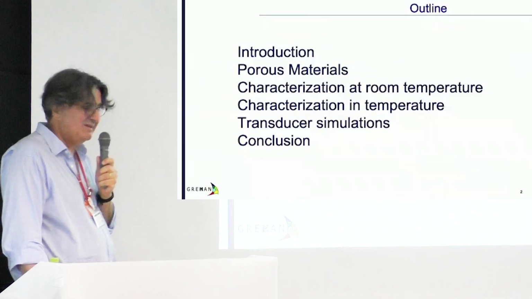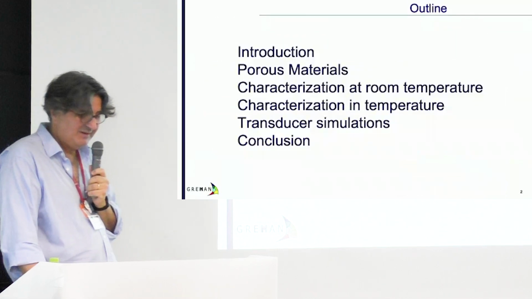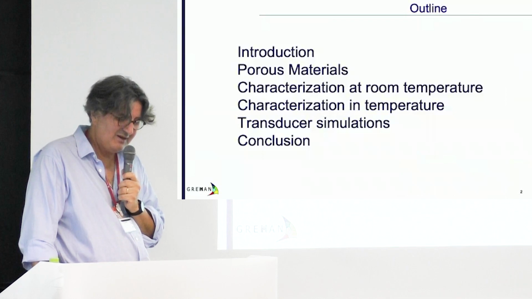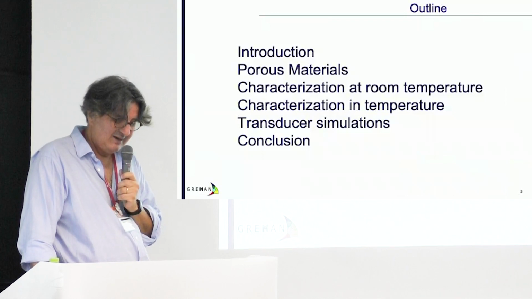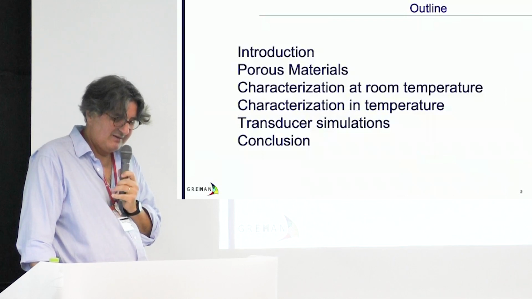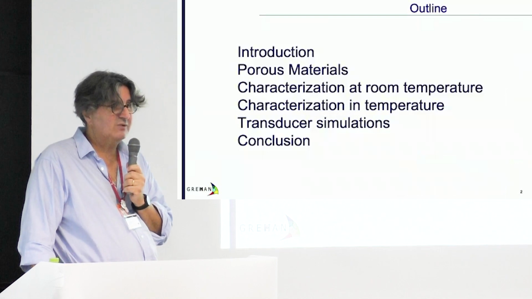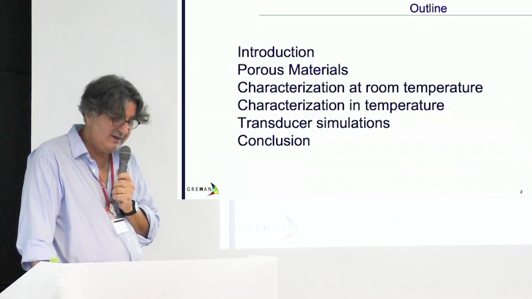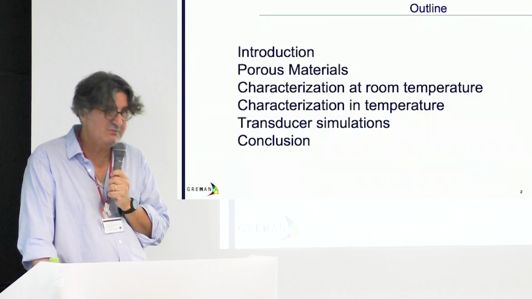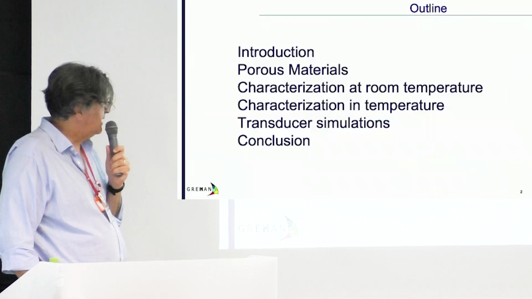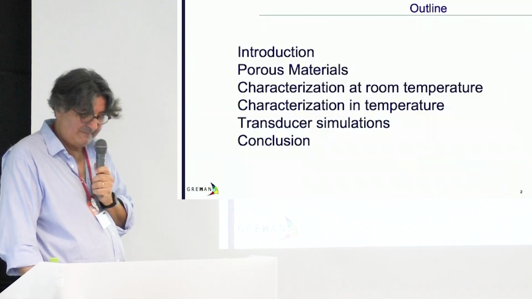So here is the outline of my talk: giving an introduction, then talking about porous metals and materials, reporting some characterization at room temperature and then in temperature, some transducer simulation and fabrication, and I will conclude.